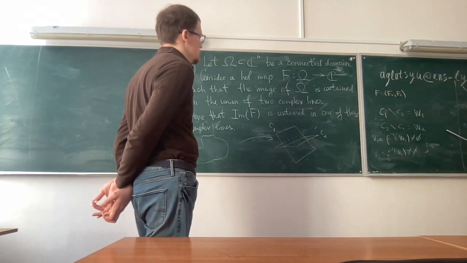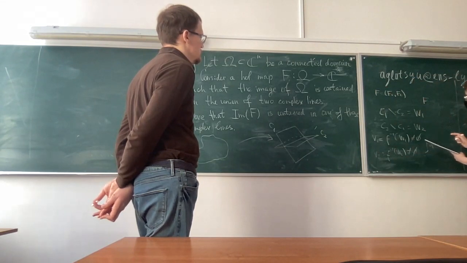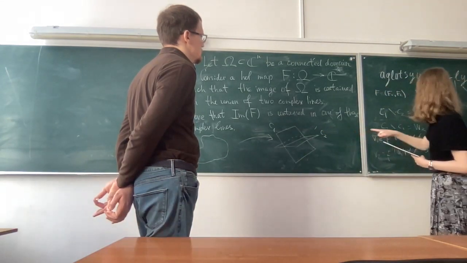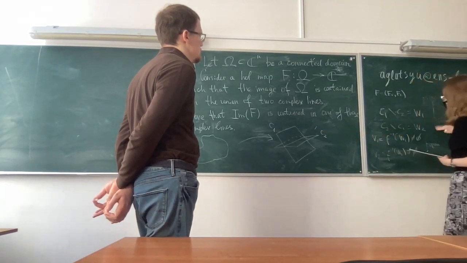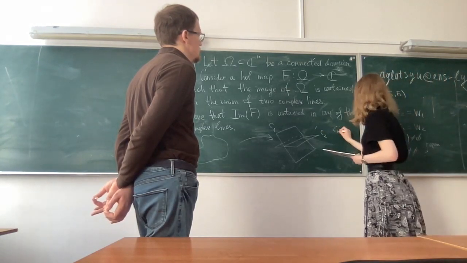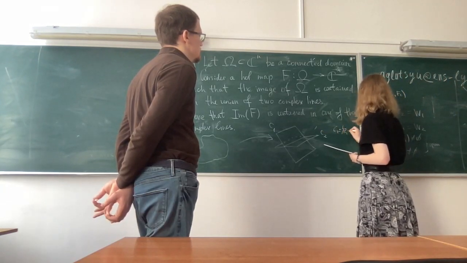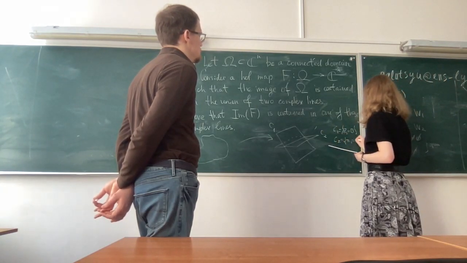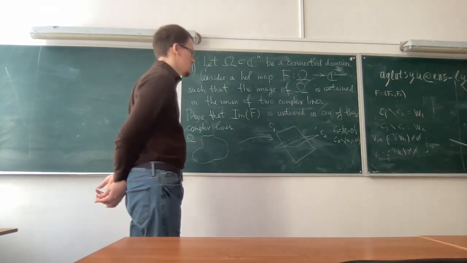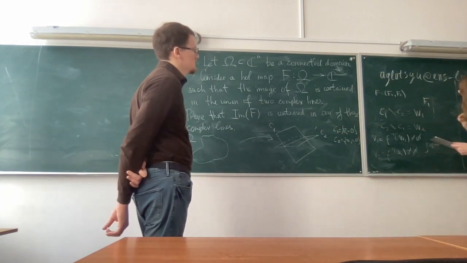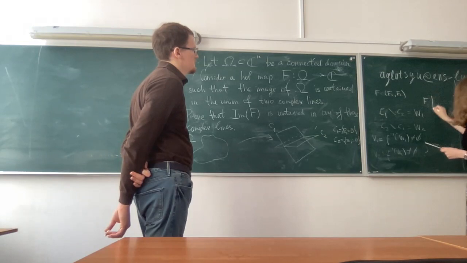Can I say that, with a change of coordinates, C1 is Z2 equal to 0 and C2 is Z1 equal to 0?